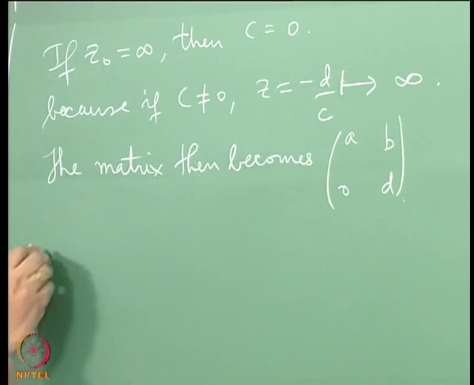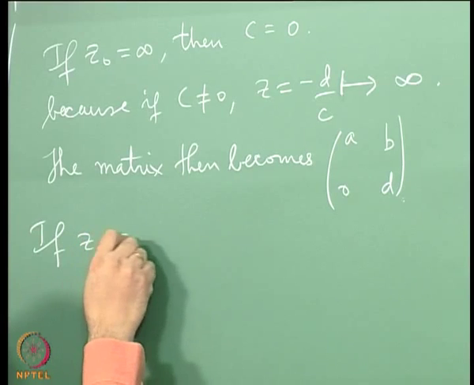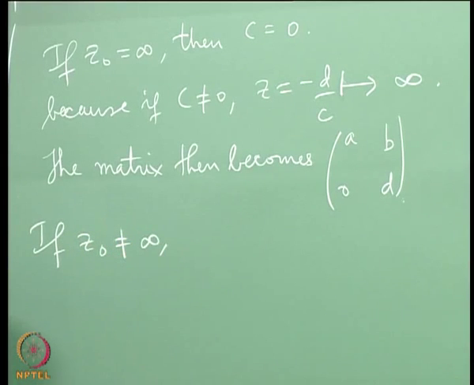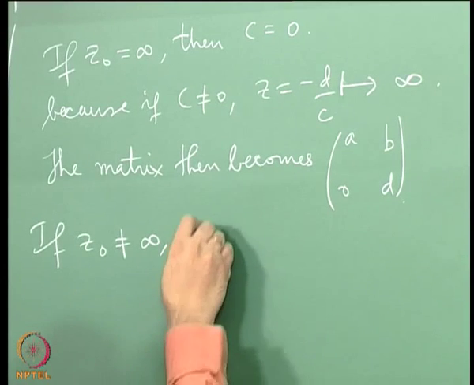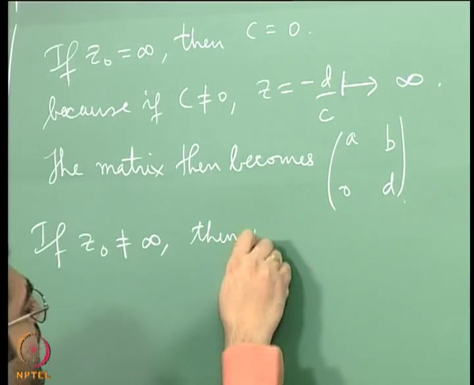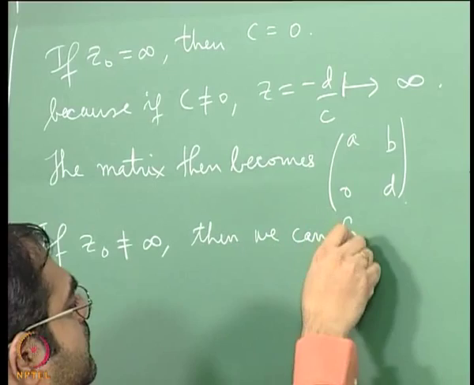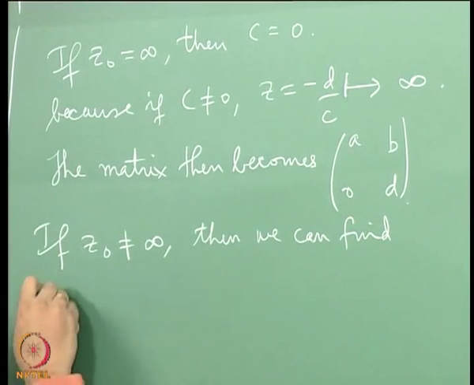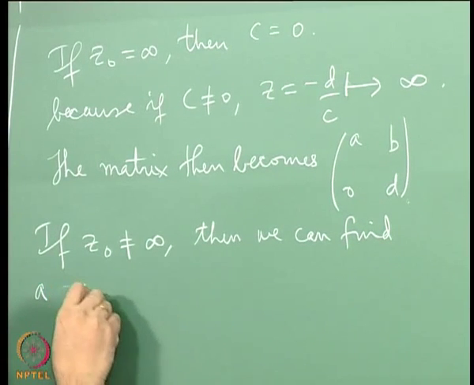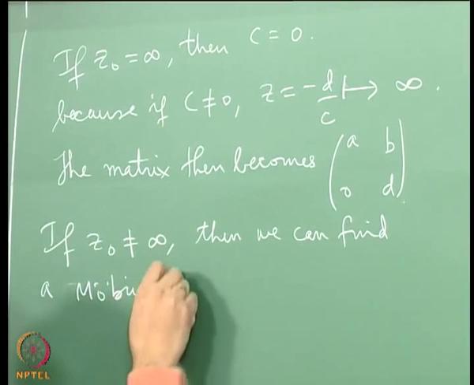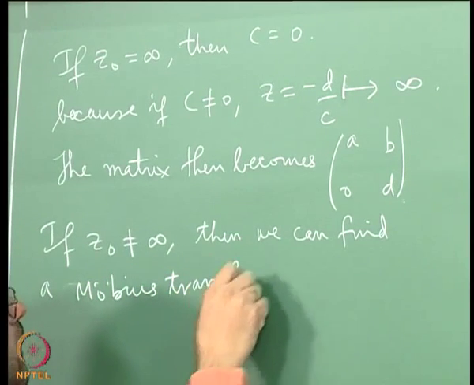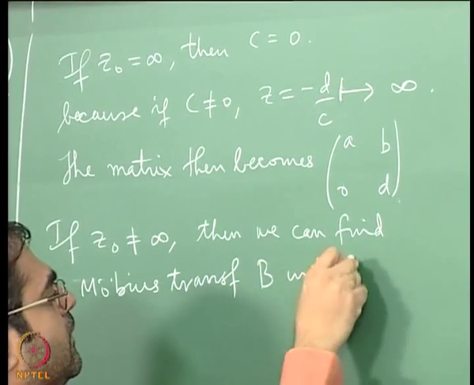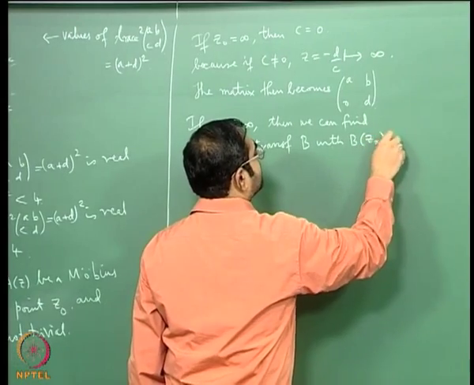So if z0 is not the point at infinity, then we can find a Moebius transformation B with B of z0 equal to infinity.